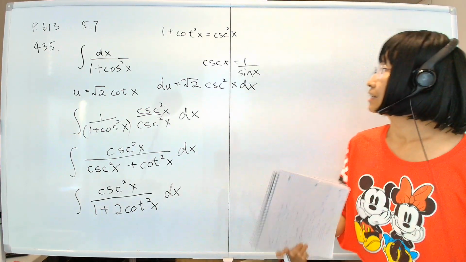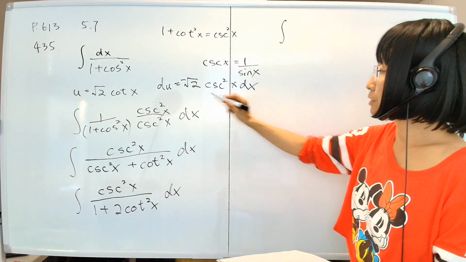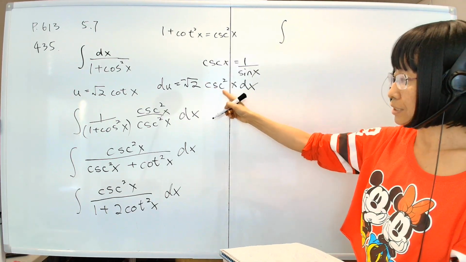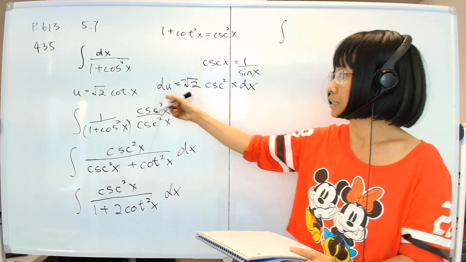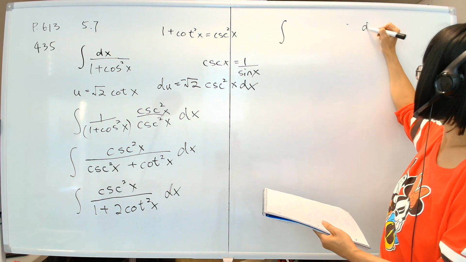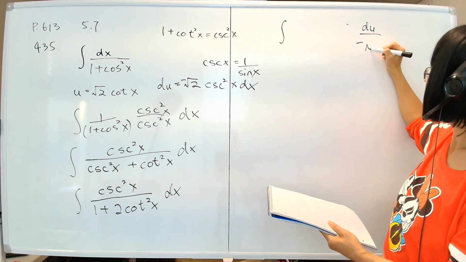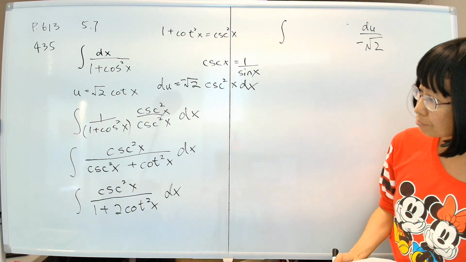Now we can plug everything in. First, the top, cosecant squared x dx right here, is just du divided by this number. We'll write that down over here: du divided by minus square root of 2.